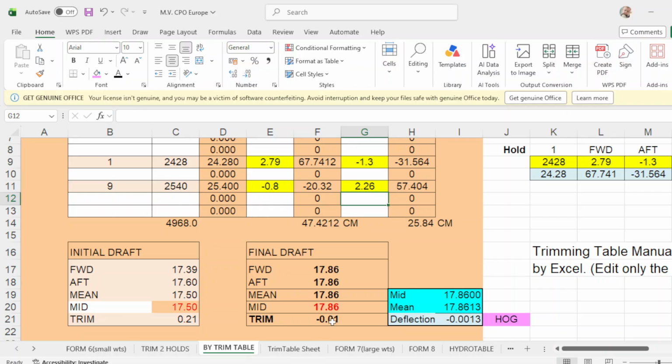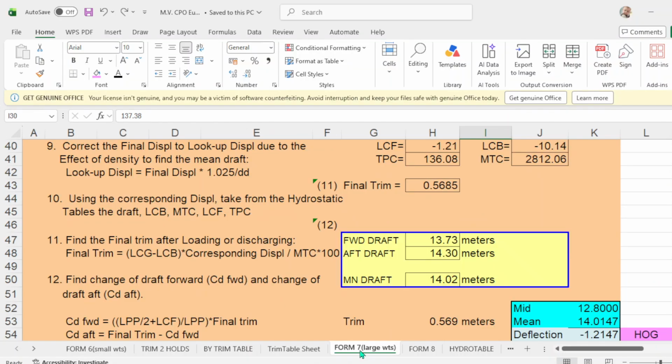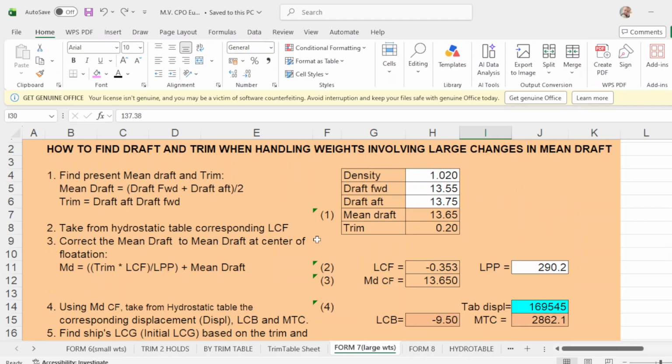Now you are trimmed by the stern. So undo. So that's it. Then that's program number 3.